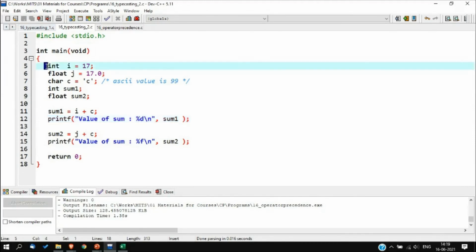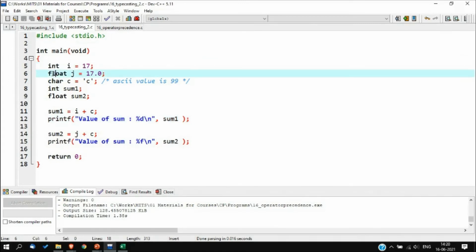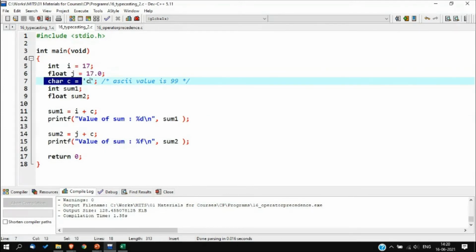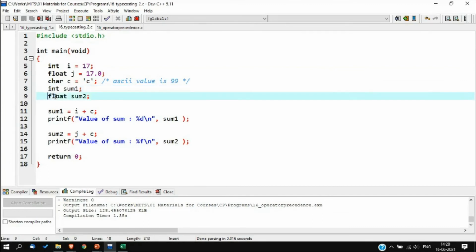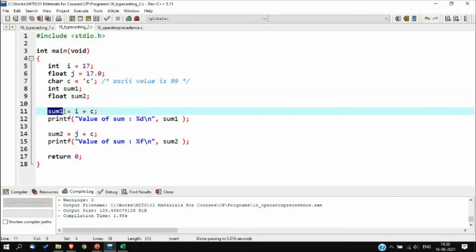In this case, an integer value i equal to 17 is defined. Then a float value j equal to 17.0 is defined. A character c is defined as 'c'. Then integer sum1 is defined and float sum2 is defined.